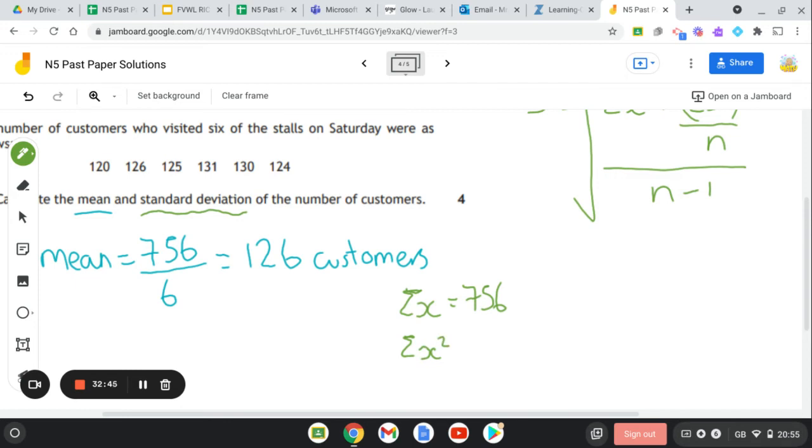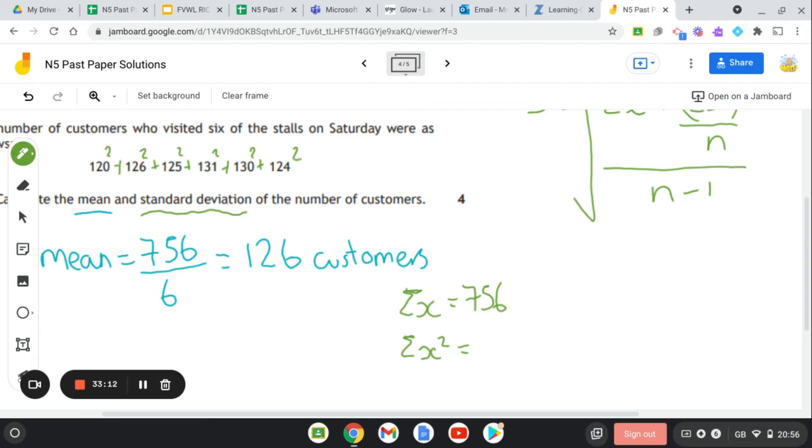The sum of x squared is the sum of all the numbers but squared. So you're squaring and adding all those numbers. So to work out the sum of x squared, you have to square and add.